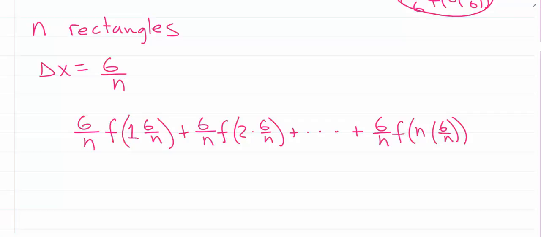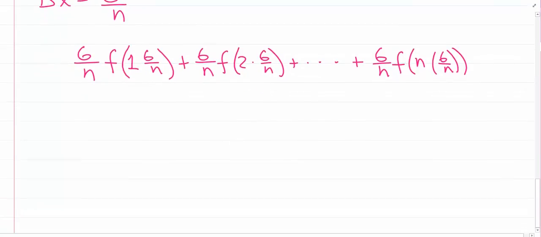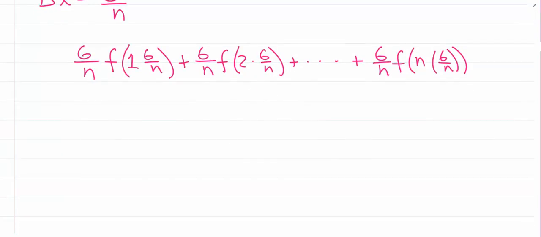Which is f of 6. Do y'all see that? Now, what you're about to behold is extremely cool, because this is a general form for that summation, right? For n rectangles. Now, let's write this in summation notation.